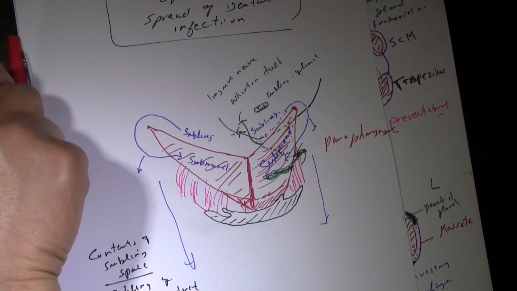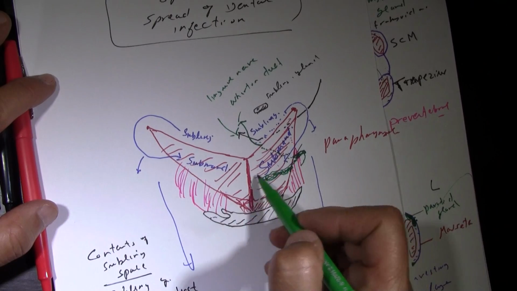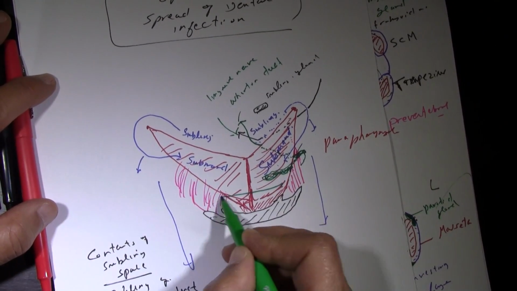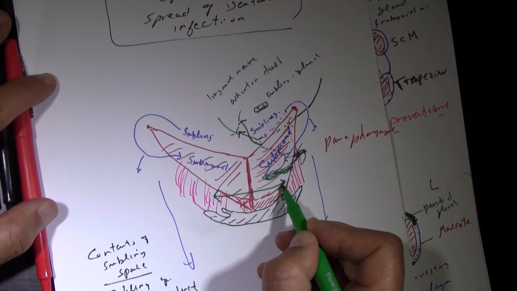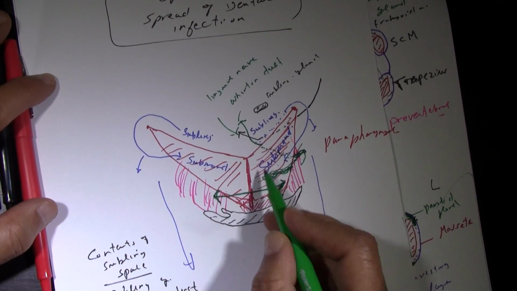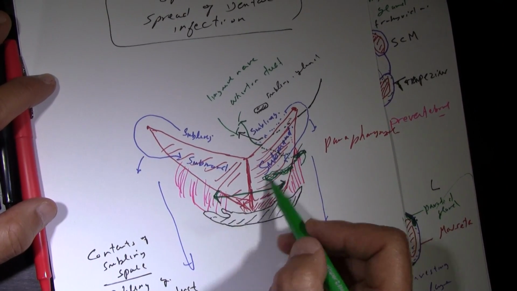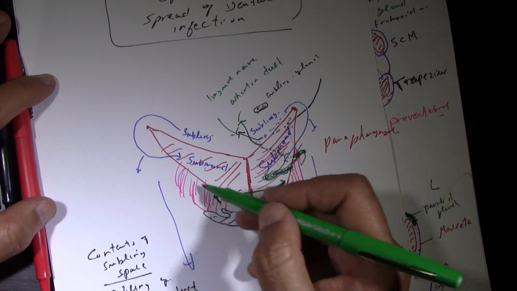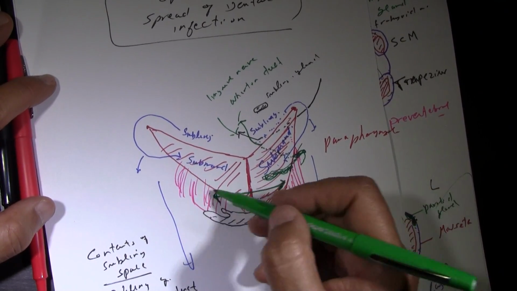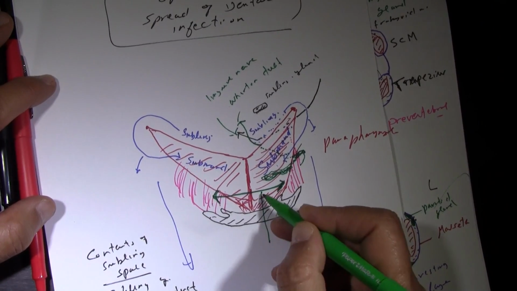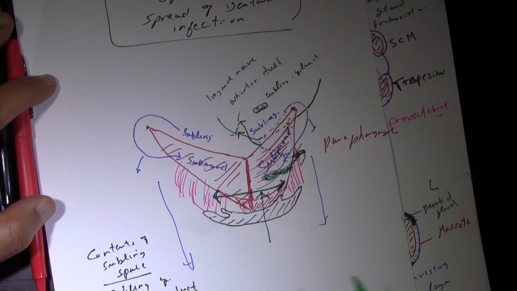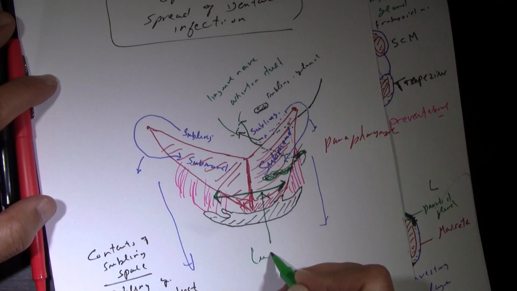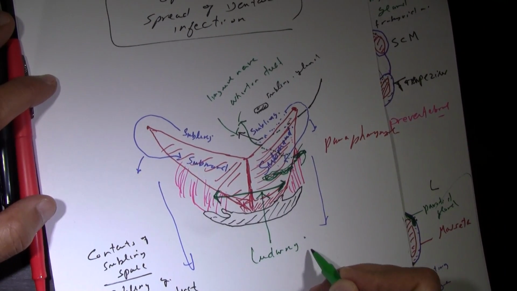Infection in this area, bilateral infection. If you have bilateral infection that affects the submental area, submandibular area and sublingual space, this infection which extends to both sides can be fatal, and we call it Ludwig angina.